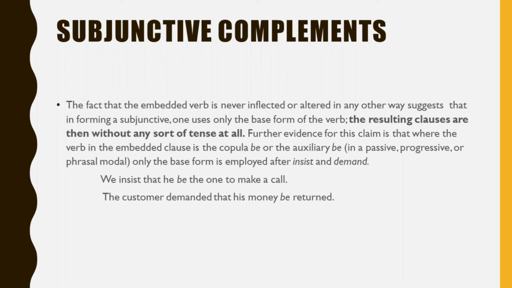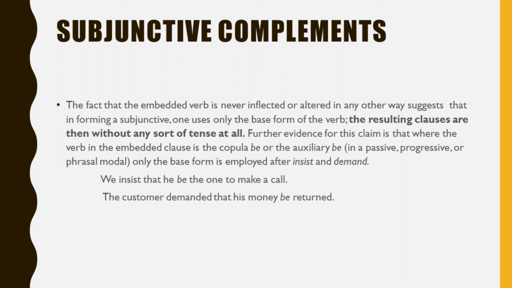Further evidence for this claim is that where the verb in the embedded clause is the copula be or the auxiliary be, only the base form is employed after insist and demand. For example, we insist that he be the one to make the call. The customer demanded that his money be returned.